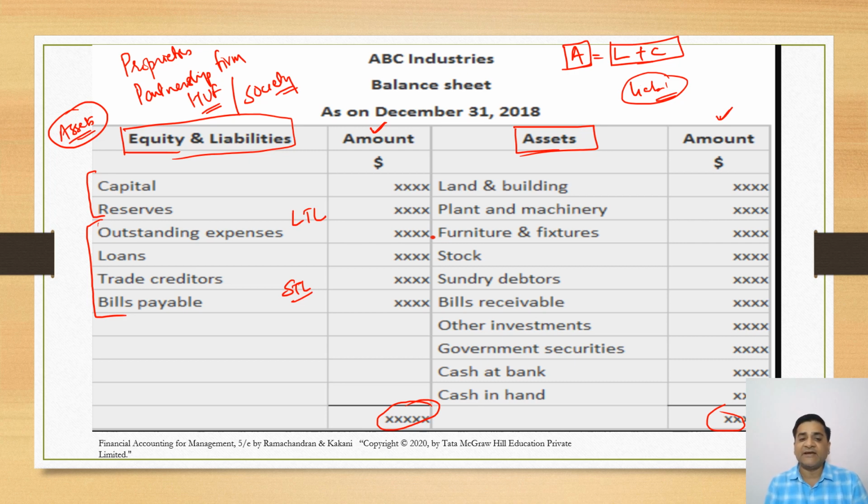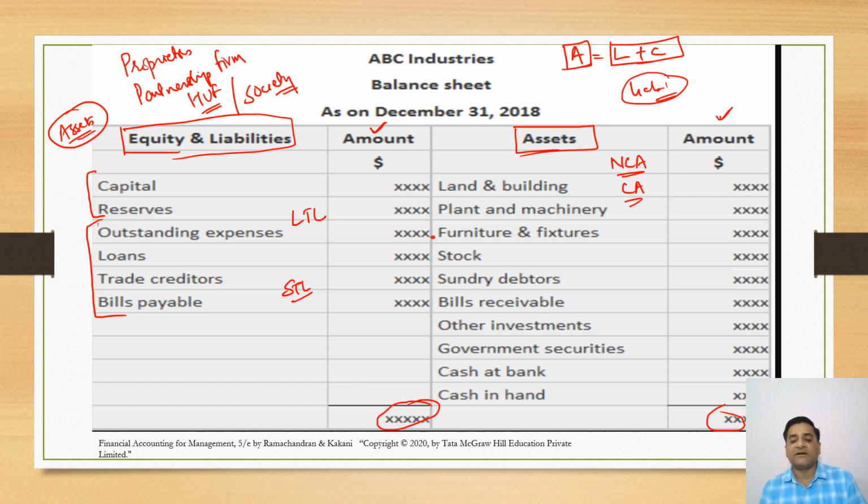On the asset side, again you have current assets and non-current assets. Non-current assets are those assets which have a life of more than one accounting year, right? And current assets are those assets which are readily convertible into cash, or which are convertible into cash for a period of less than 1 year.